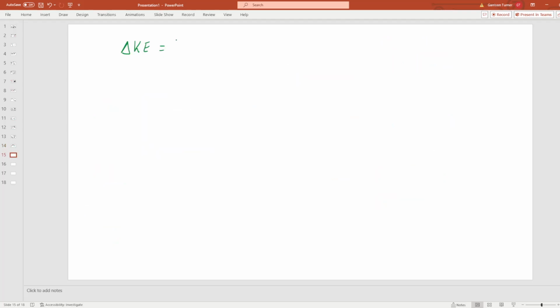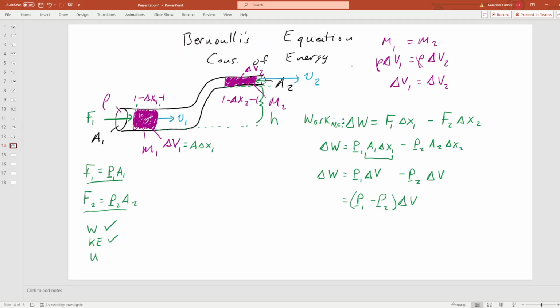So delta KE is going to be 1/2 m v1 squared minus 1/2 m v2 squared. Now, these are velocities, not volumes. So I will try to stick with the convention that volumes are capital V's. Think of these as capital V's and velocity as lowercase v.